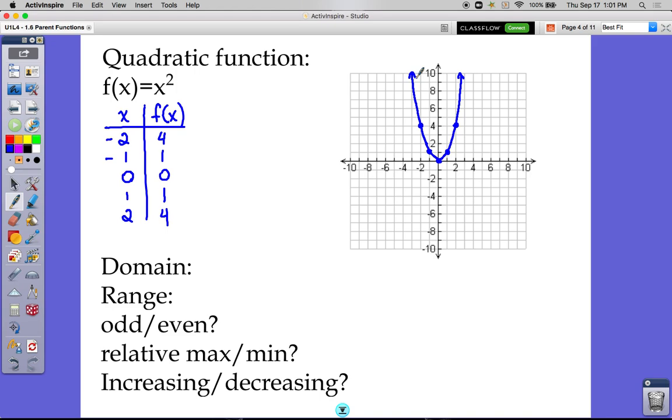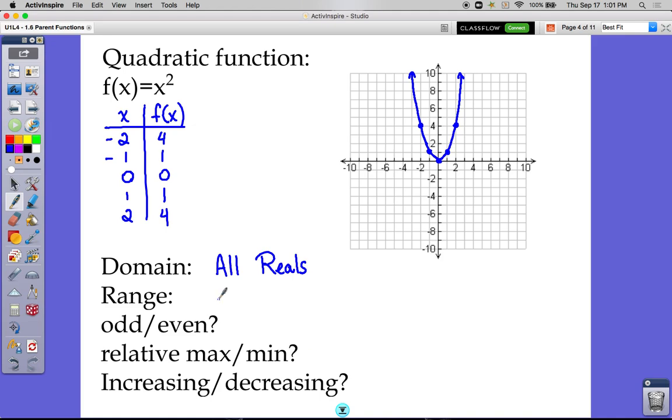The domain, asking for the x values, what is the domain of this graph? It is all real numbers. There's no limit. There's no restrictions that I need to consider. Now, for a basic quadratic function, the range is restricted. Again, when I square a number, I basically get rid of negative values.